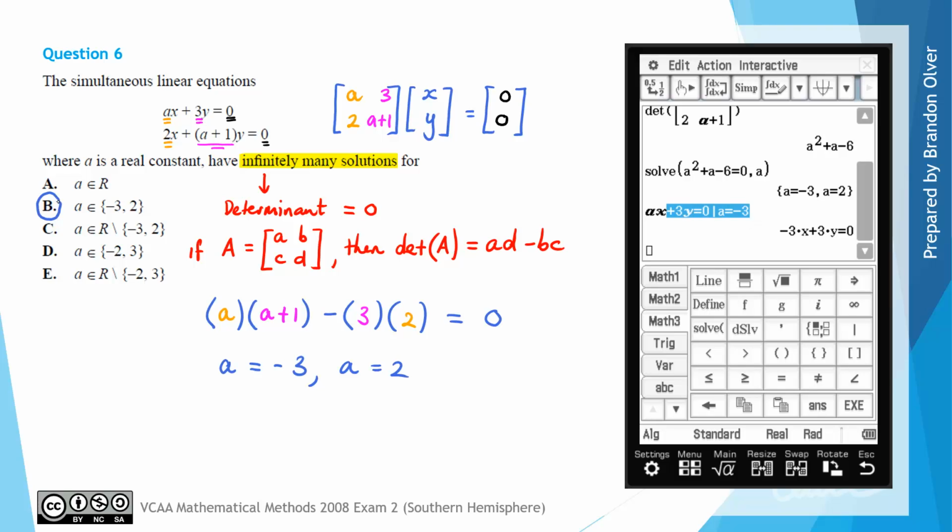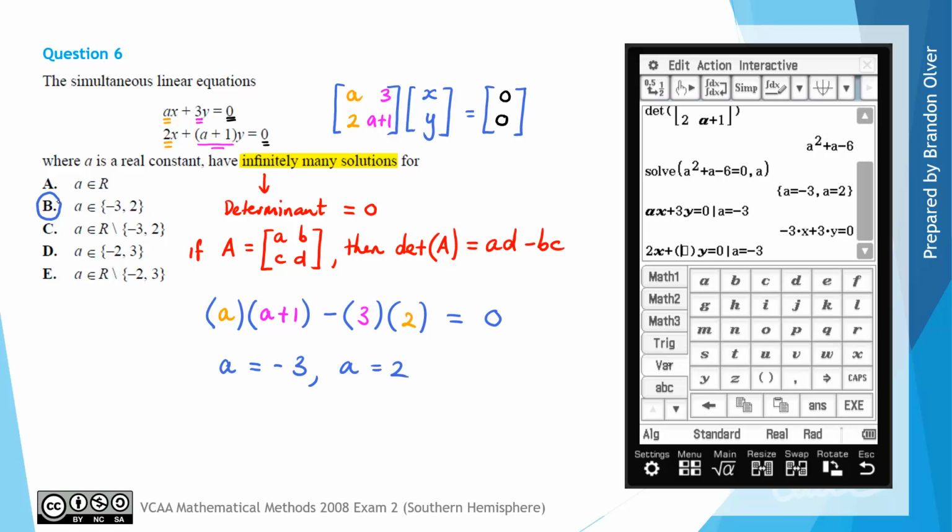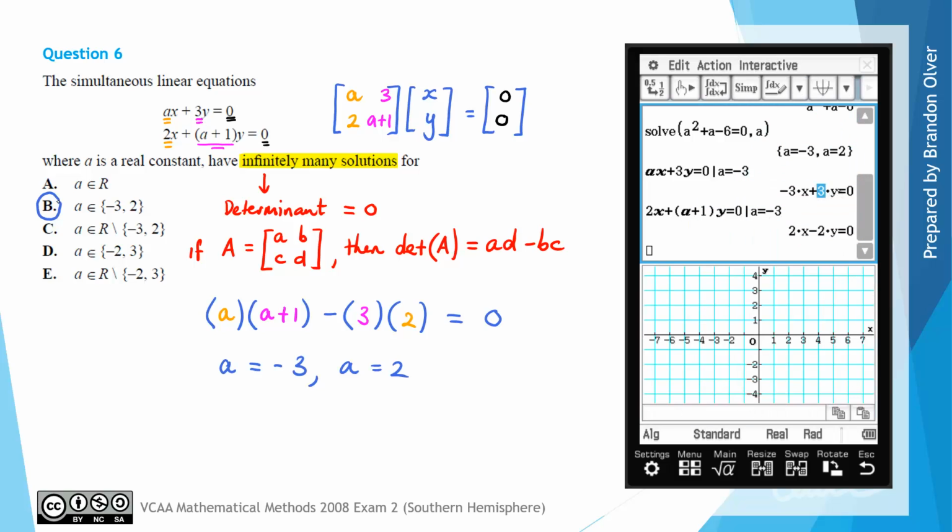And then if I just drag that down actually and modify it slightly to give the second equation, which was 2x, and then the thing that multiplied y was variable A plus 1. And then if that equals -3, that's the equation. And dragging those two down, you can see that they sit perfectly on top of each other.